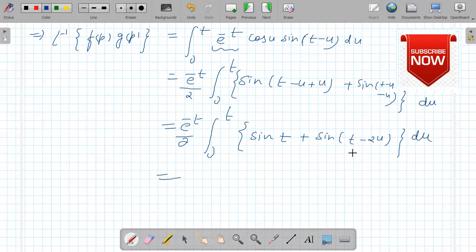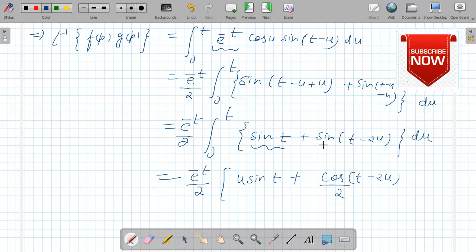Because this integration is with respect to u, sine t is constant. So its integration with respect to u is u sine t, and the integration of the other term is cos (t minus 2u), and this 2 will come in the denominator, and that negative sign will adjust with this negative 2.